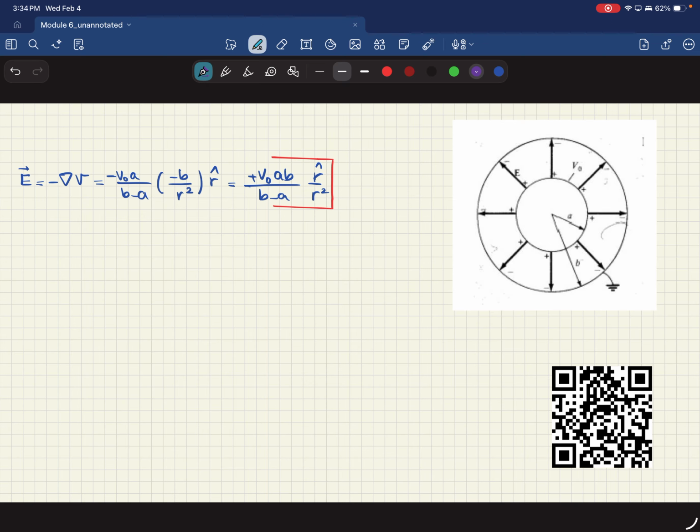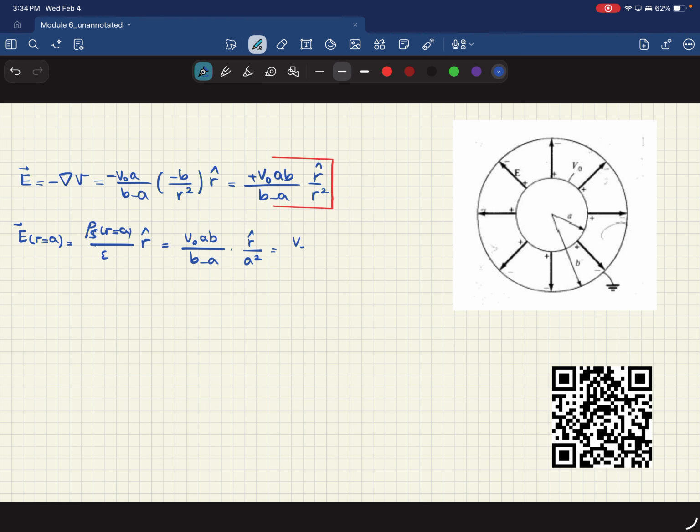Now, we said, let's do this one. E at R equal to A is rho S at R equal to A over epsilon in R hat direction. So let's plug in R as A here.